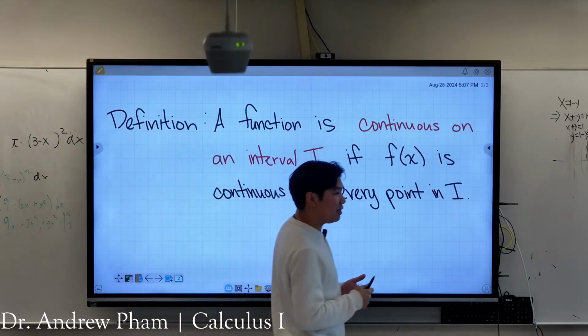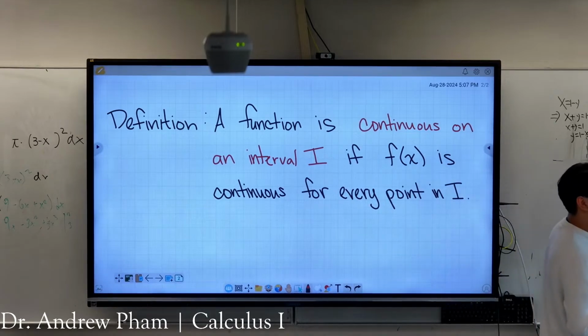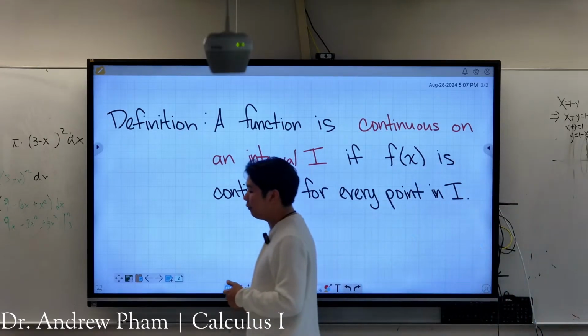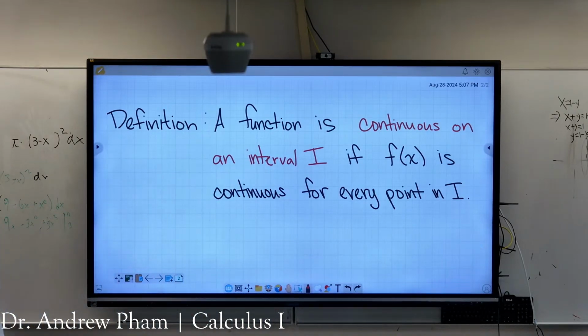Something could be continuous at a point, but not continuous on an interval that we've chosen. Similarly, well, let me reword this. It could be continuous on an interval, but not continuous across all real numbers. It depends on what we're choosing to be our interval. It's also possible that I'm discontinuous all the way through.